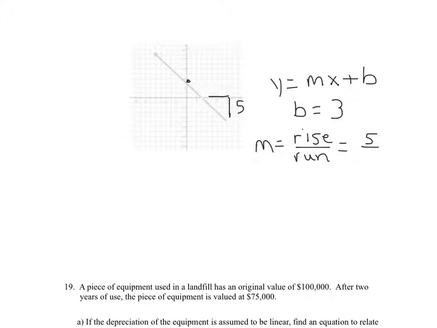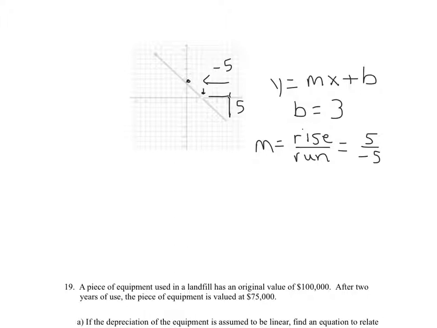Now my run would be going from here, where I stopped, over to this point that I want to get to. And if I count, I've got 1, 2, 3, 4, 5 that I'm moving, but I'm moving to the left. And if I'm moving to the left, that's a negative direction.